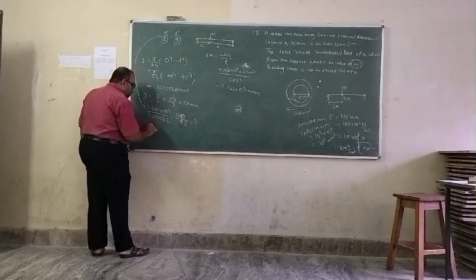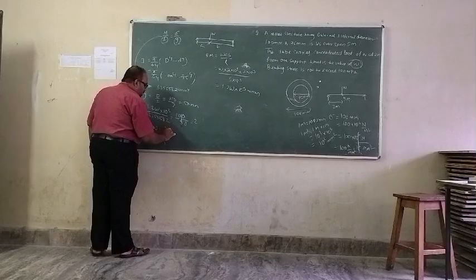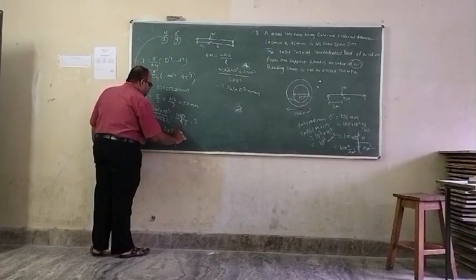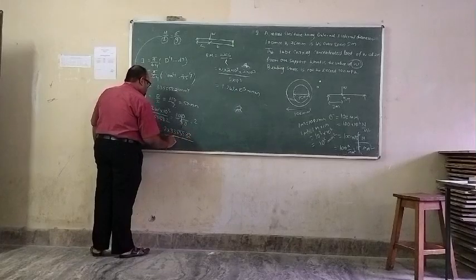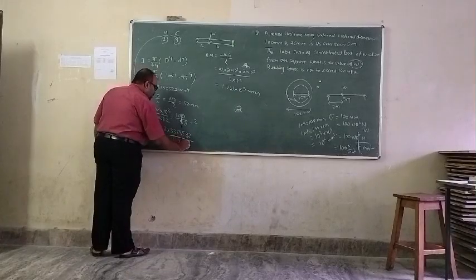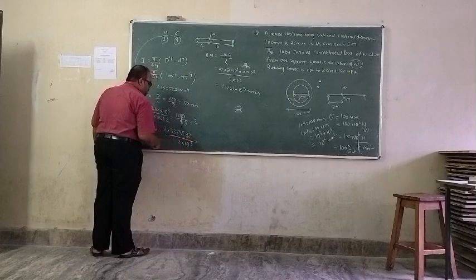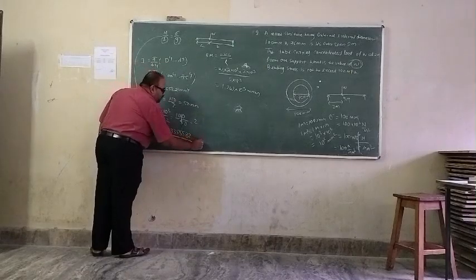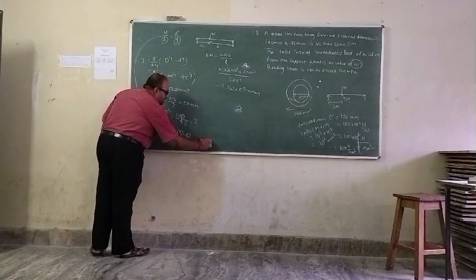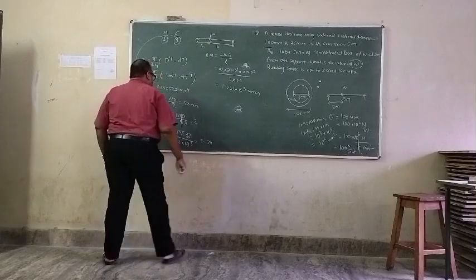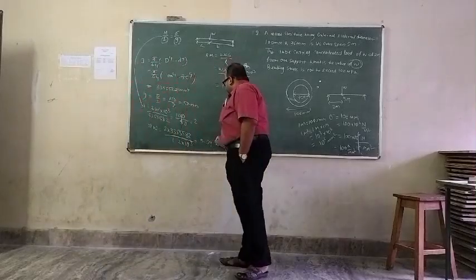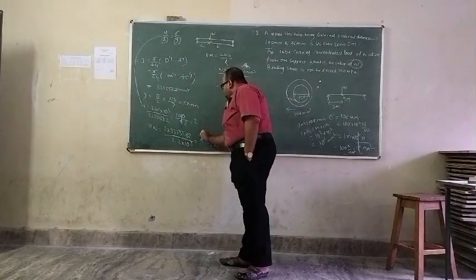So W can be found out as 100 multiplied by 3355 by 50 divided by 1.2 multiplied by 10 to the power 3. After solving we are getting 5.8 kilonewton of load.